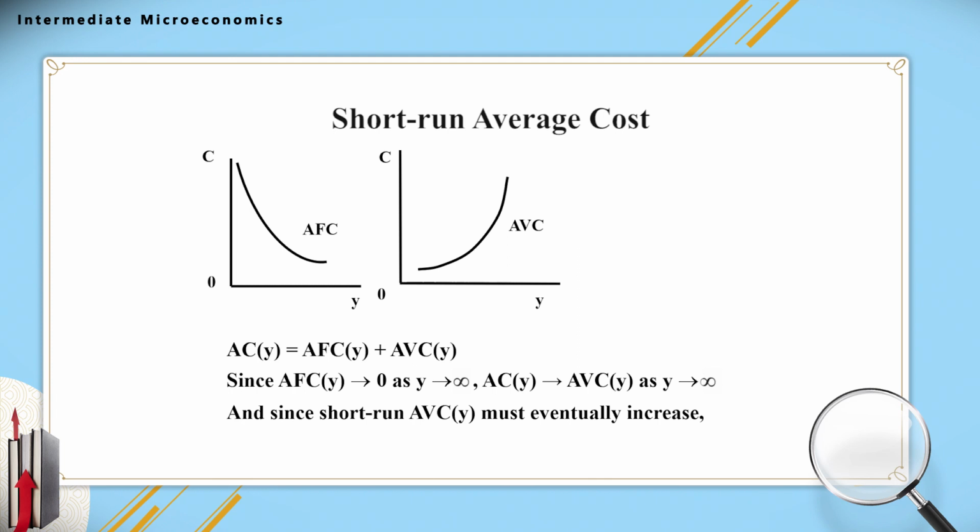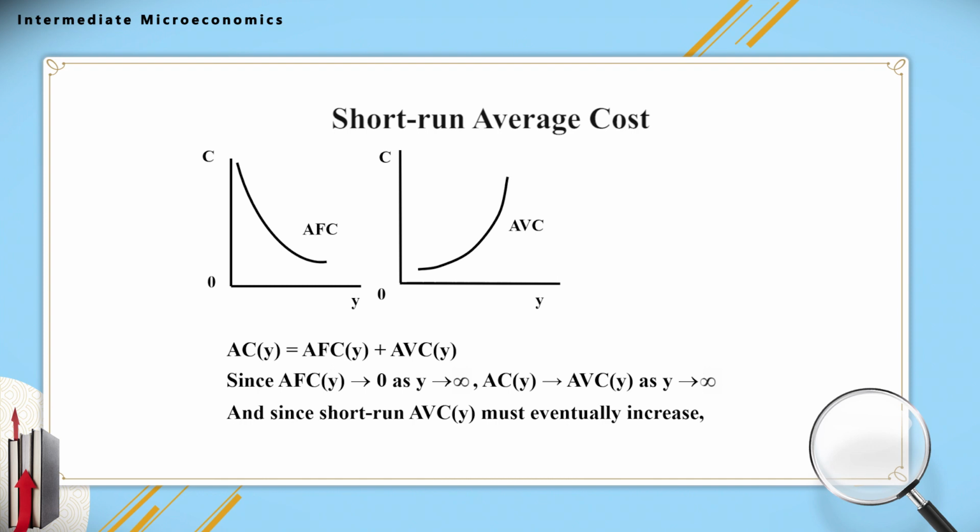So the average variable cost will eventually increase with the increase of output. It can be seen that when the output level is low, as the output increases, both AFC and AVC show a downward trend, resulting in the average total cost AC curve decreasing at first.